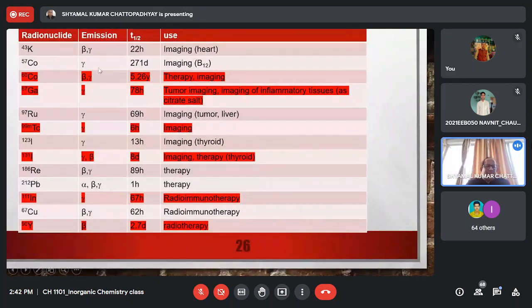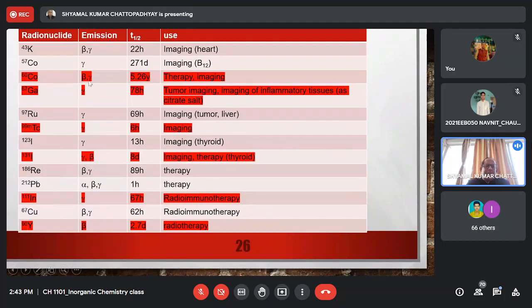Cobalt 57 is a gamma emitting isotope. It can be used for imaging, particularly if you have chronic vitamin B12 deficiency. Then, to understand the mechanism of transport of vitamin B12 in your body, sometimes this cobalt 57 isotope may be used. But more important is cobalt 60. Among the two cobalt isotopes, cobalt 60 is probably more important. It emits both beta and gamma. The half-life is 5.26 years, so it is relatively long, right?